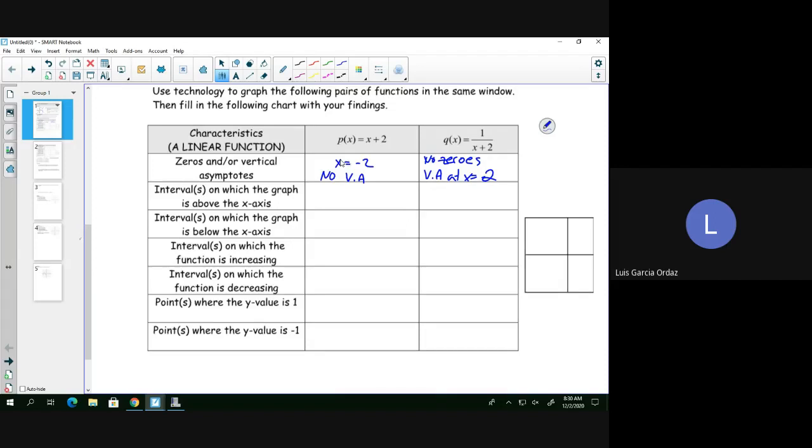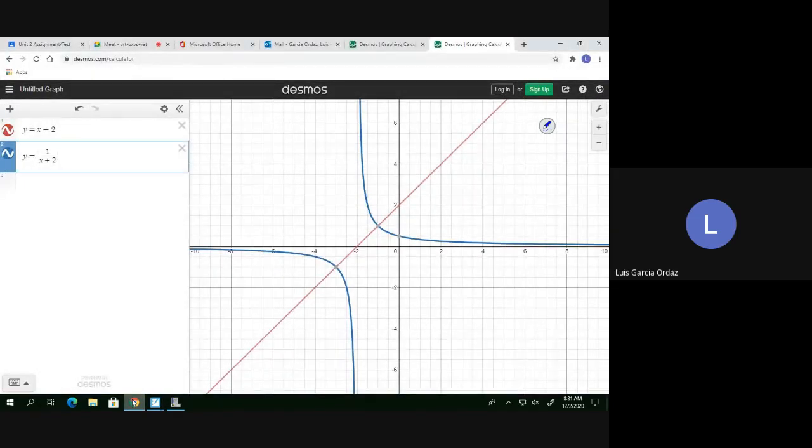Now the next question is based off the graph that you saw: which intervals on the graph are above the x-axis? So for p of x is equal to x plus 2, what intervals is it above the x-axis? And how about for q of x is equal to 1 over x plus 2? Remember the vertical asymptote at x is equal to negative 2.